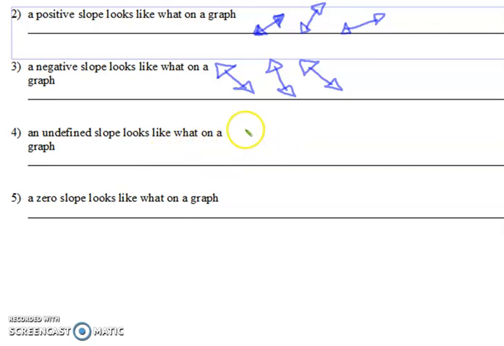An undefined slope, okay? This is when we go back to our Hoy and Vux. Which one is undefined? That's the Vux, okay? Vux is undefined, so that's a vertical, which means up and down, straight up and down line.